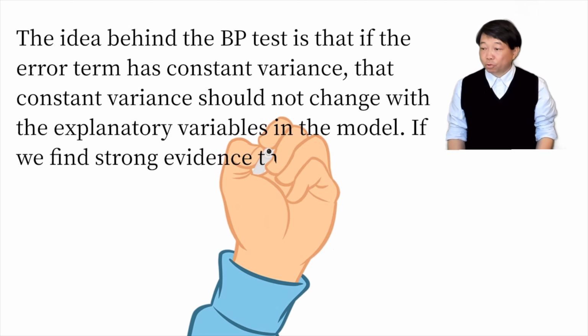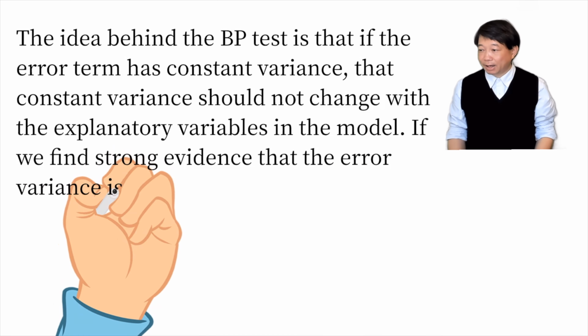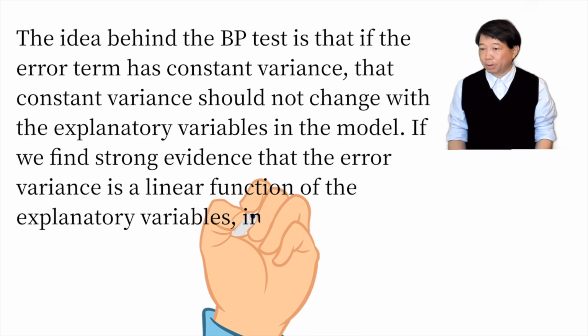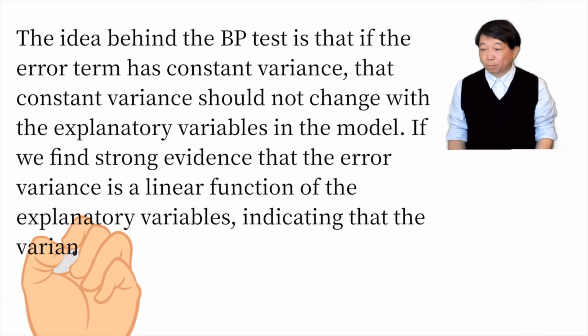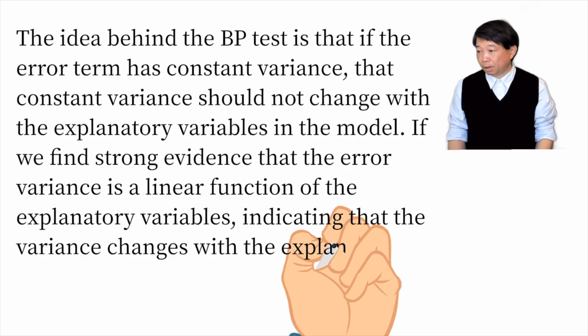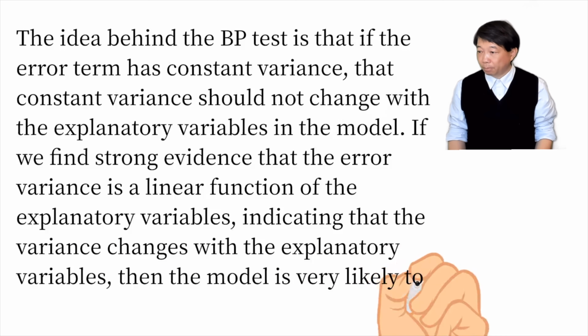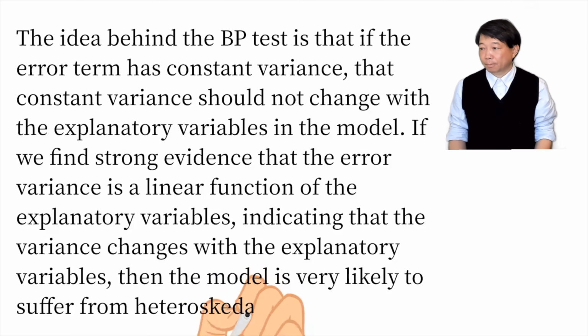If we find strong evidence that the error variance is a linear function of the explanatory variables, indicating that the variance changes with the explanatory variables, then the model is very likely to suffer from heteroskedasticity.